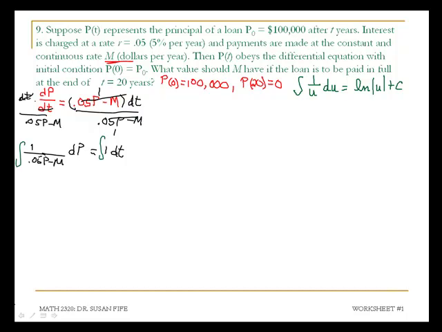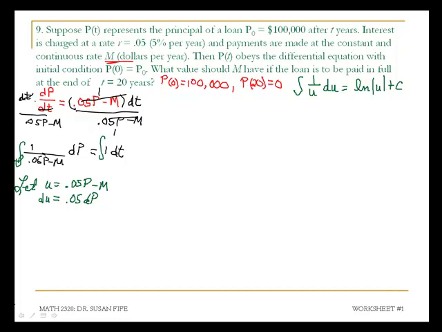So in this case, on the left side of the equation, we want to let u equal the denominator, 0.05P minus m, so that du becomes the derivative of 0.05P, which is 0.05, and the derivative of negative m is going to be 0 because m is considered a constant, dP.